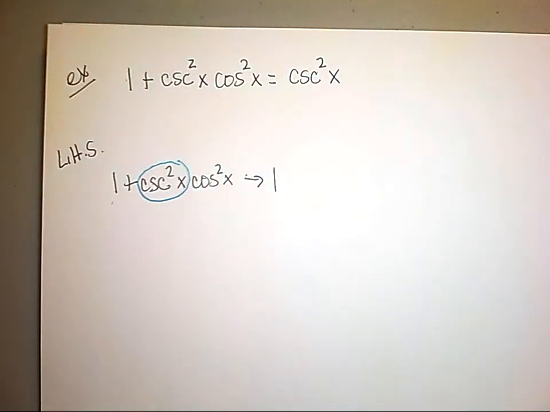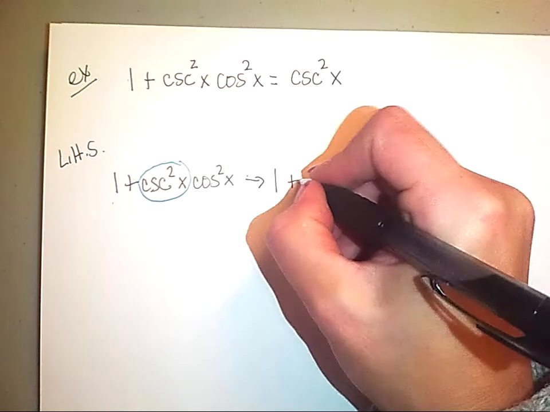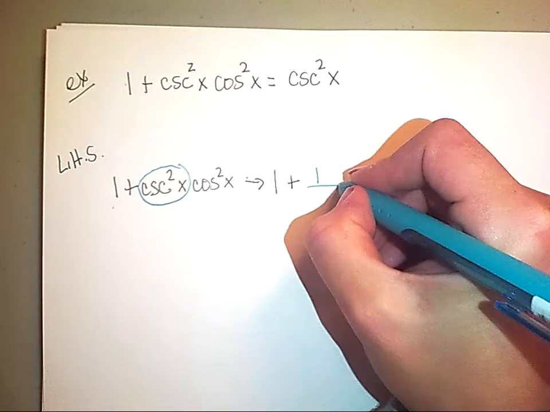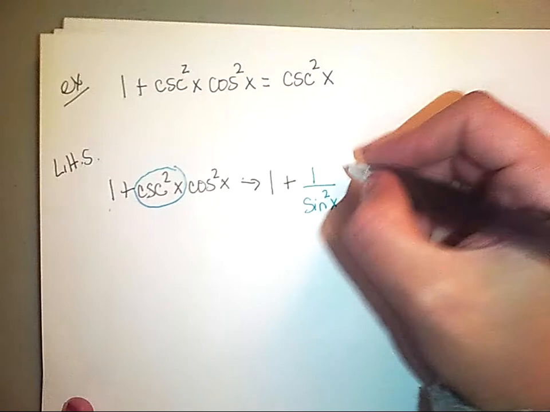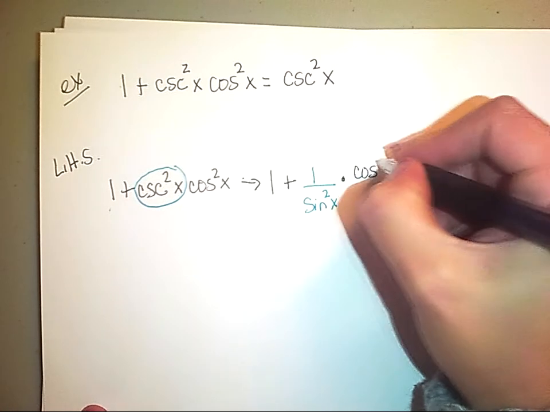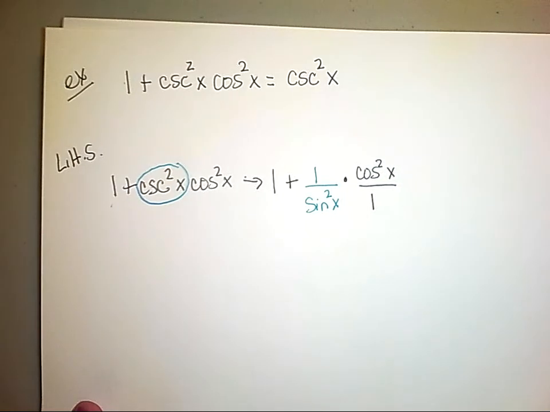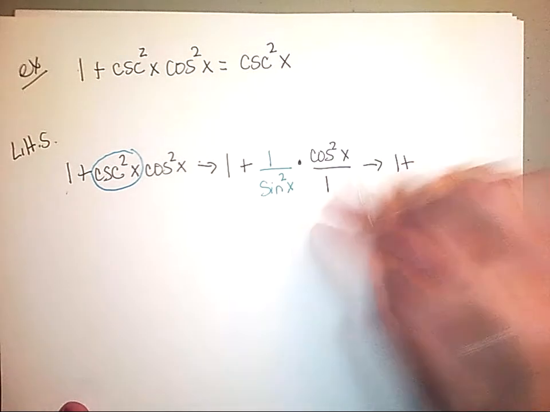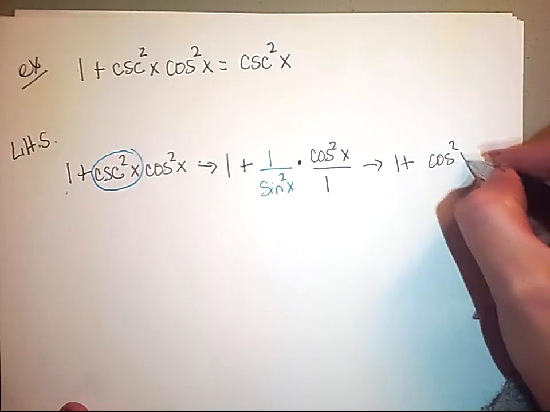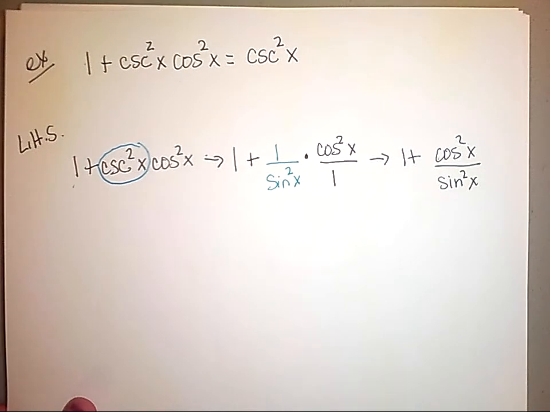Now cosecant squared is 1 over sine squared, plus, don't forget that, 1 over sine squared, and that's still being multiplied by that cosine squared x, and if you want, you can think about that as over 1. So now putting this together, this becomes 1 plus cosine squared x over sine squared of x.